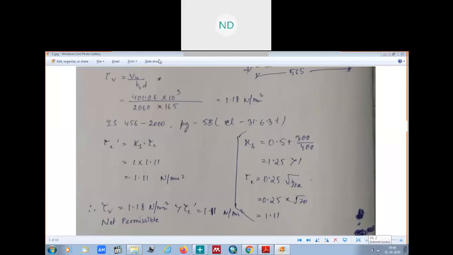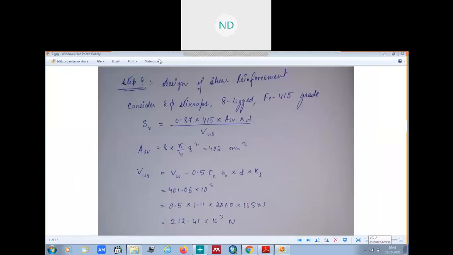Okay, so here now we'll come to step number 9, that is, since it was not permissible, we had to calculate the shear reinforcement, we had to provide the shear reinforcement.